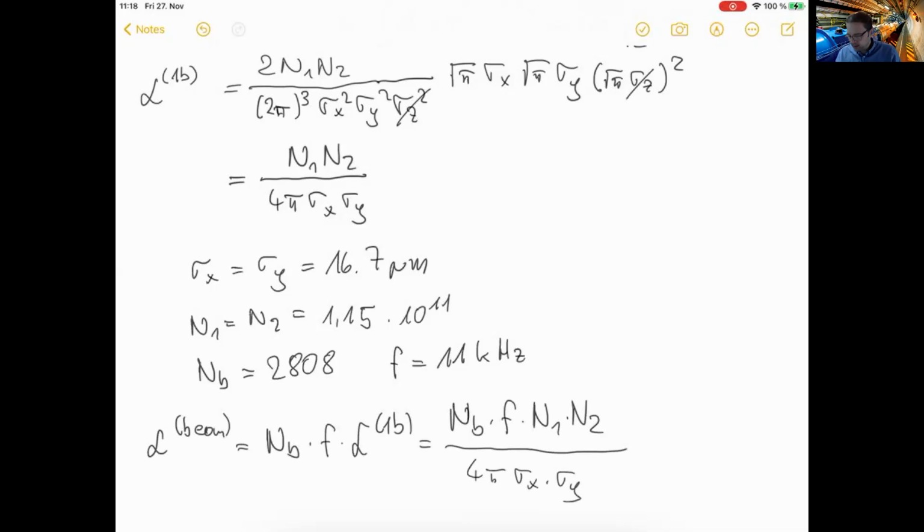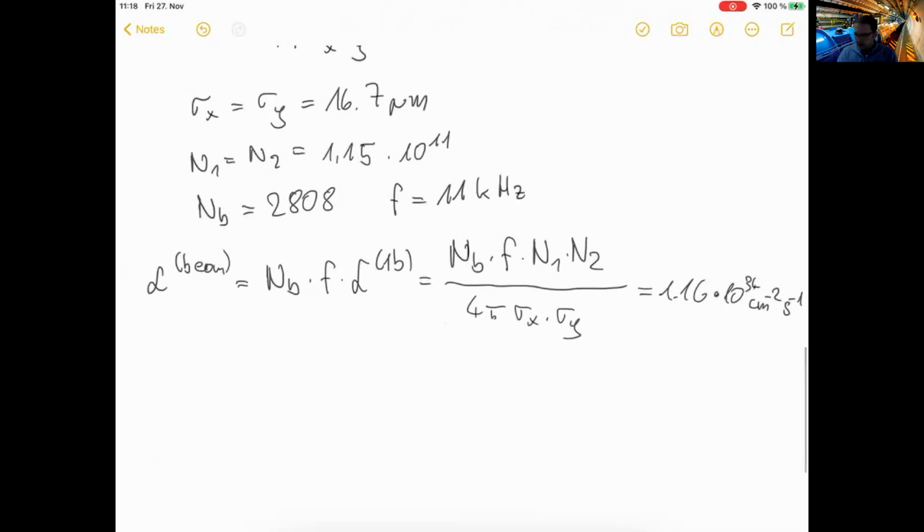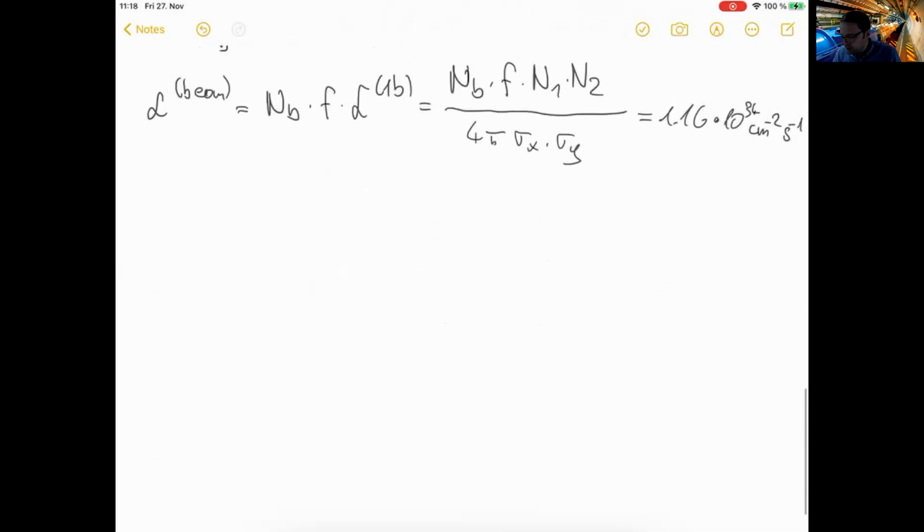And if you put in the numbers, you will find that this is 1.16 times 10 to the 34 centimeter inverse squared per second. We now change to the units that we use in high energy physics. That's the instantaneous luminosity, so the luminosity at a given time at the LHC for the design specification on average.